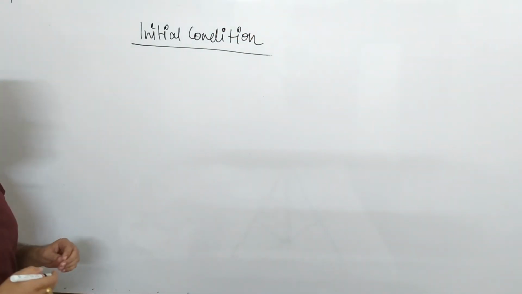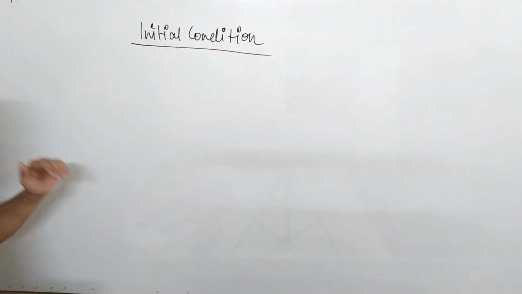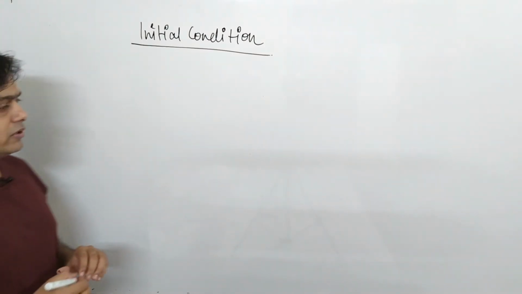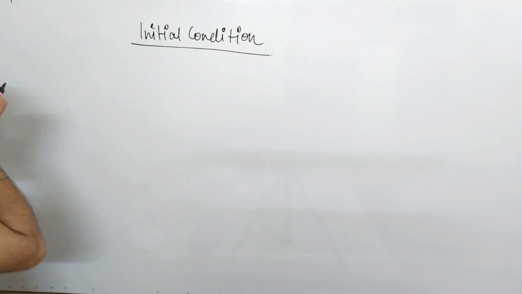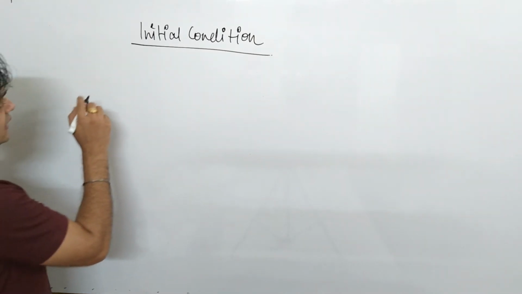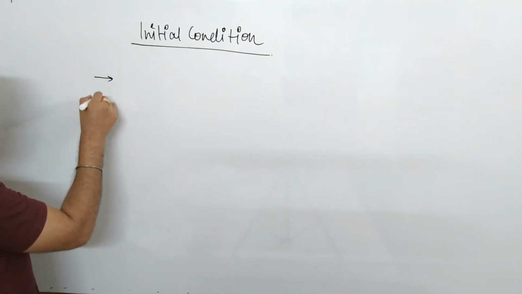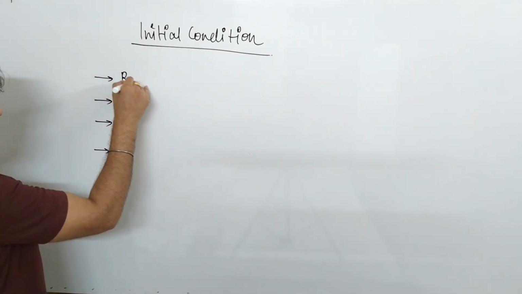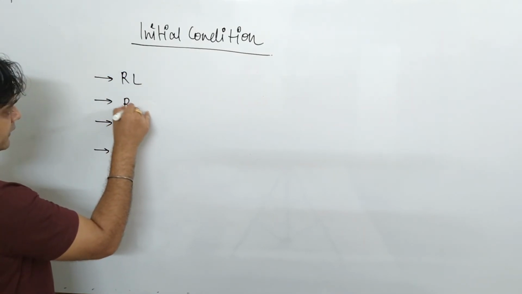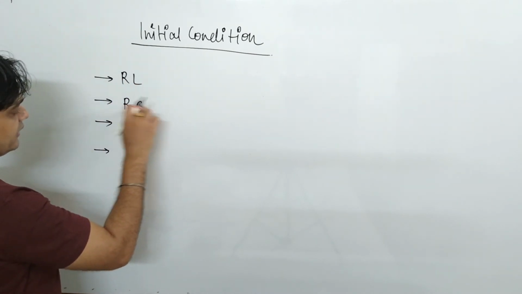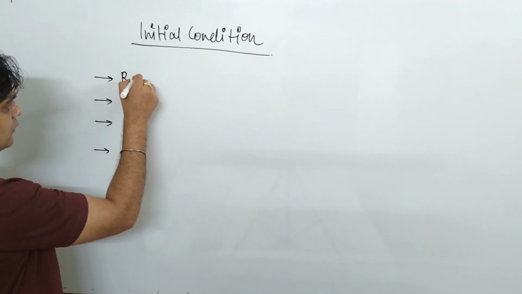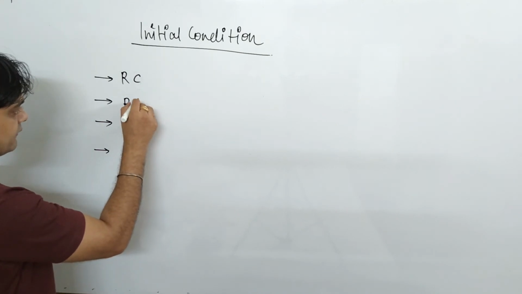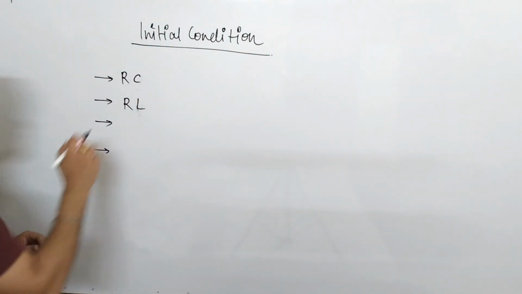Let us first understand it, and then we'll go one by one and try to understand the concepts of initial condition. The topics we are going to cover under this: first we'll talk about the RC and RL circuit. First we'll talk about the RC circuit, then the RL circuit.